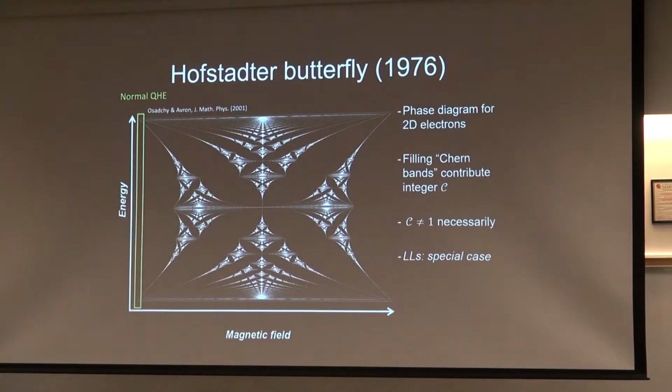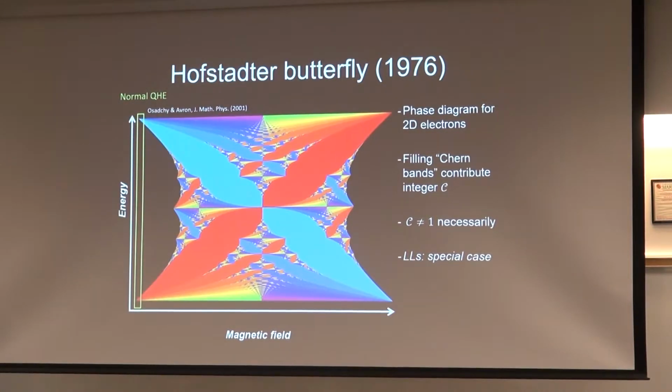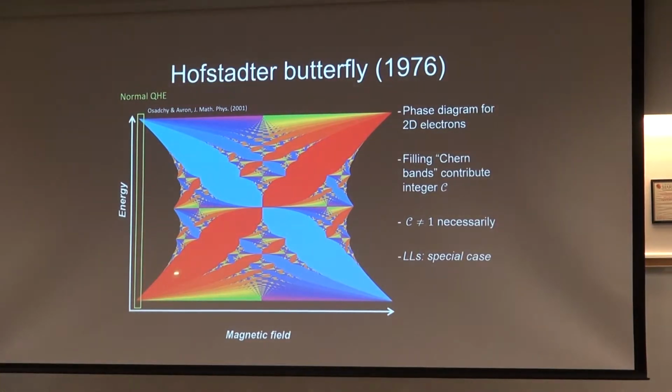Okay, so if we take that idea and try to interpret this as a phase diagram for non-interacting electrons, we can color code it based on the Hall conductivity. You can see in this diagram that red, orange, blue, etc., all indicate different integer quantized Hall effects. You can imagine taking electrons and filling this band structure so that you've filled some integer number of bands and mini-bands, and you'll get some quantized Hall effect.